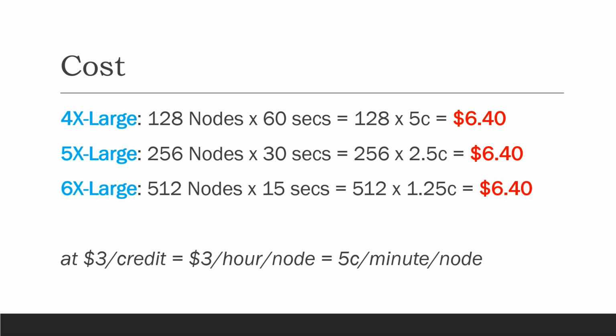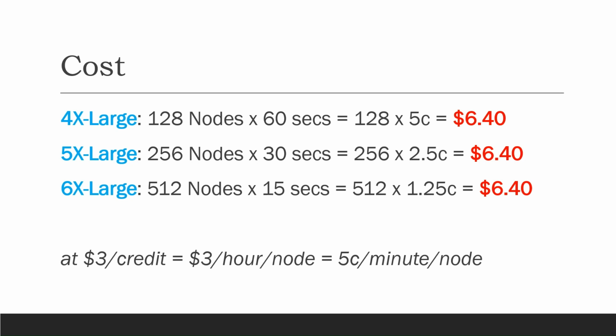Let's review what happened in our first experiment with the 4x large. We had a warehouse with 128 nodes that we executed in 60 seconds. If you look at the bottom, for my specific Snowflake account, that's a free trial account, but still this consumes credit. In my case here, I consume $3 per credit.